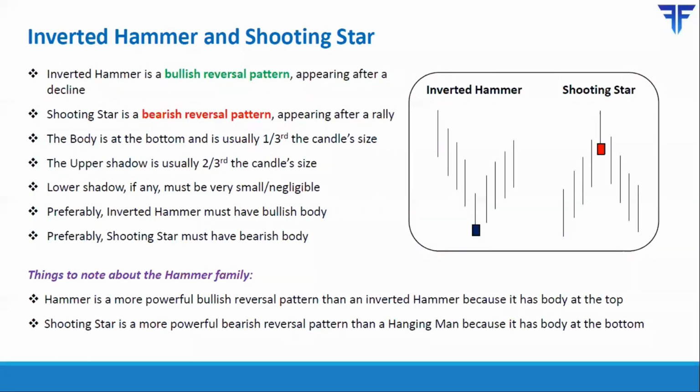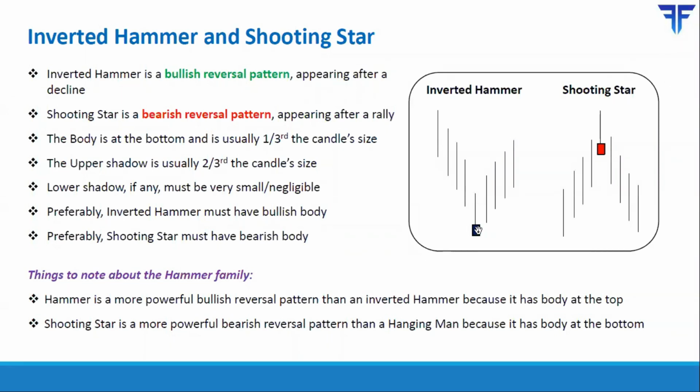The next two patterns that we would be talking about are inverted hammer and shooting star. Now, inverted hammer is nothing but hammer turned upside down. In case of inverted hammer, it's a bullish reversal pattern just like a hammer is. But the difference is that in case of inverted hammer, the real body is situated at the bottom end of the trading range.